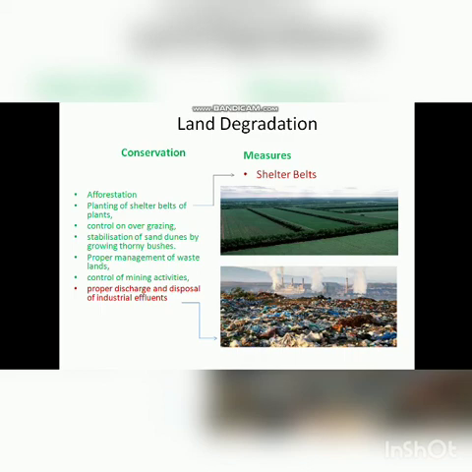So these are some of the conservation methods that we should follow. And what are shelter belts? Shelter belts are rows of big trees grown alongside the cultivation of small trees, so that the small trees get protected from the hazards of gusty and stormy wind.